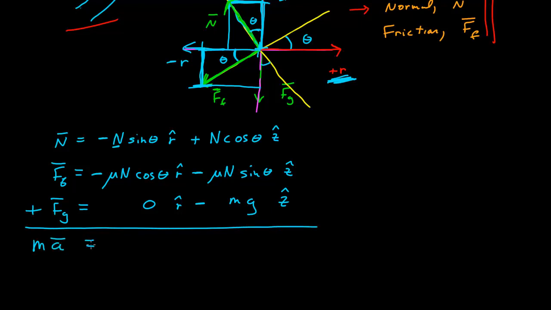Since I've chosen a very convenient coordinate system, and I'm looking for the maximum condition where the car is stationary, there's no acceleration along z, and I just have the mass times the centripetal, or radial, acceleration along R. That gives me these relationships to work with.